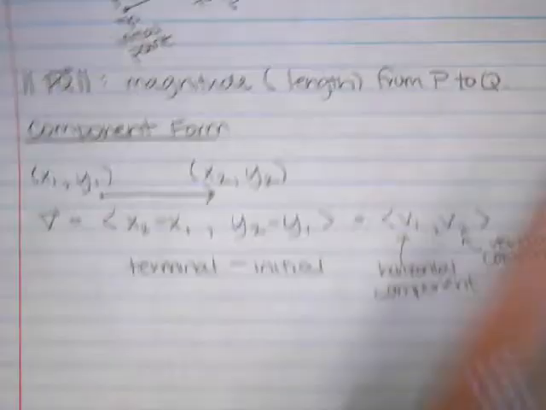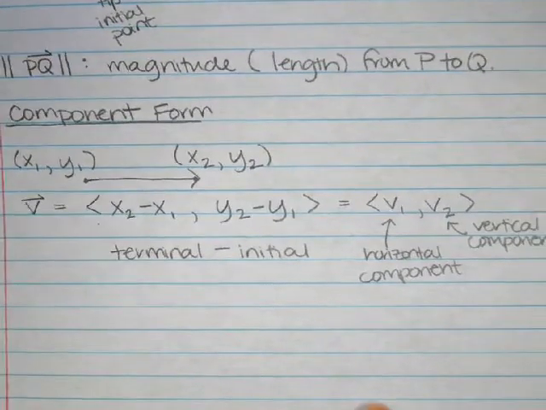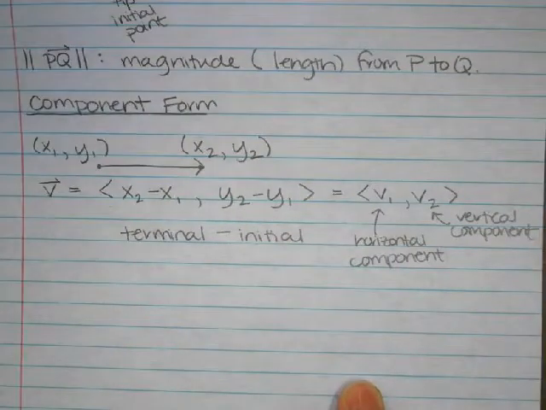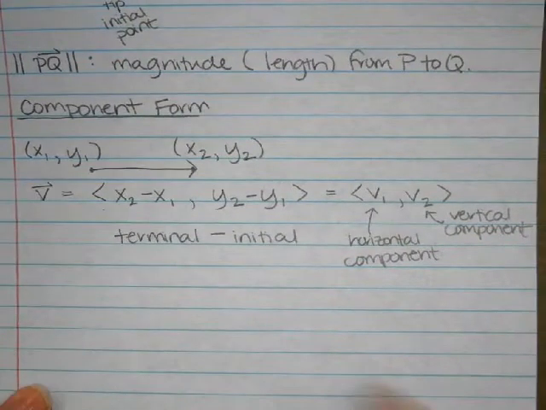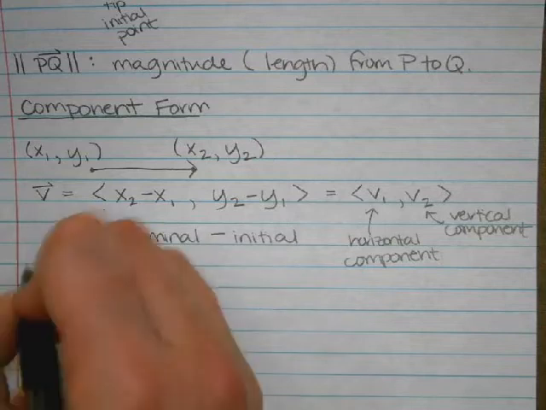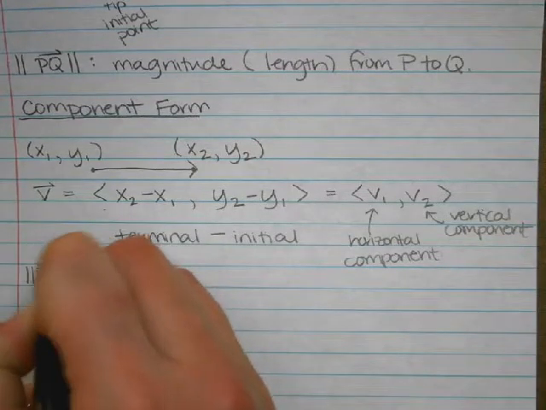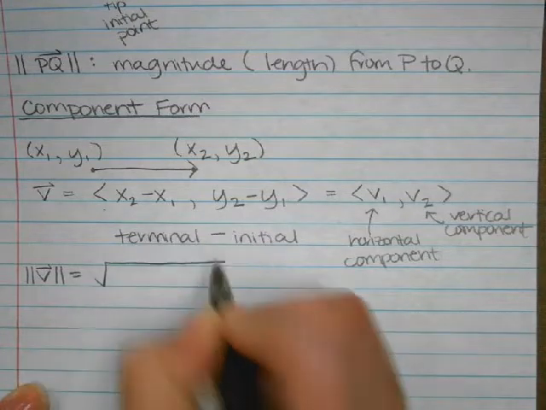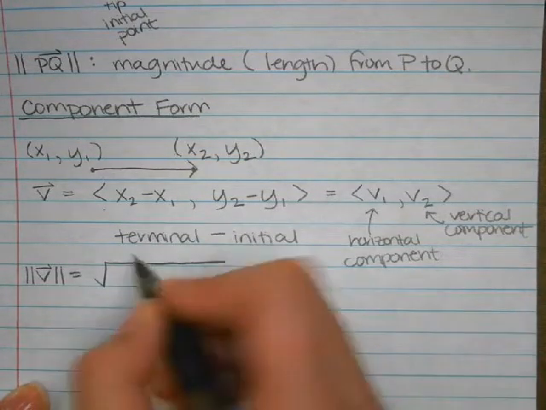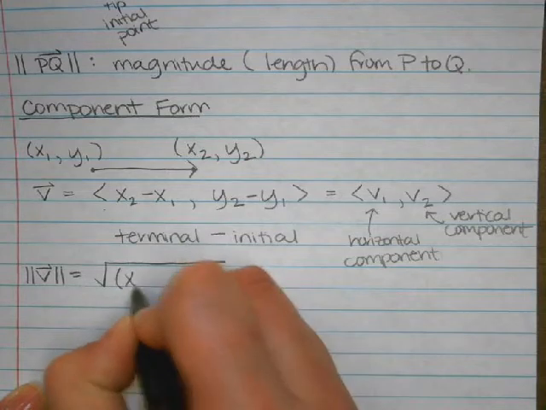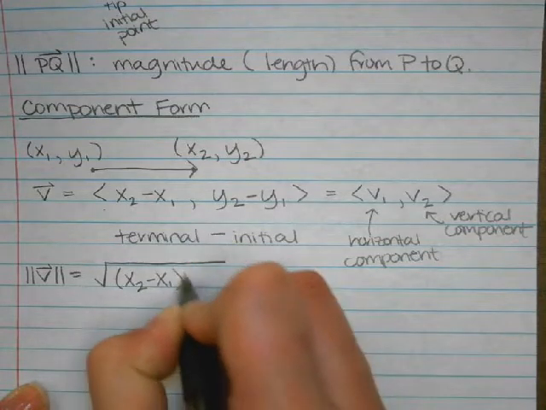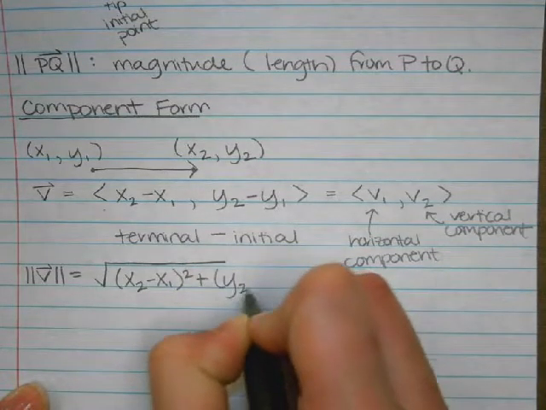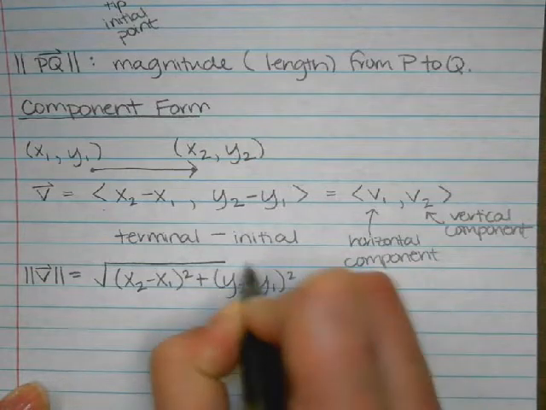All right, so we're going to go ahead and write one more type of formula in this component form, and that is how to find the magnitude of vector v. To find the magnitude, we use the distance formula, which is the square root of x2 minus x1 squared plus y2 minus y1 squared.